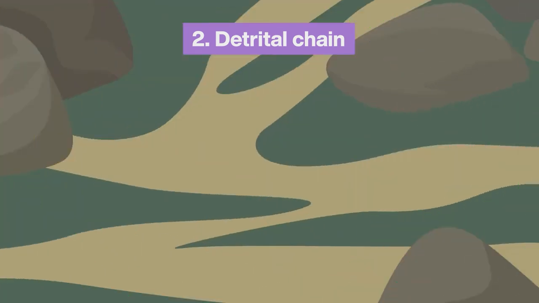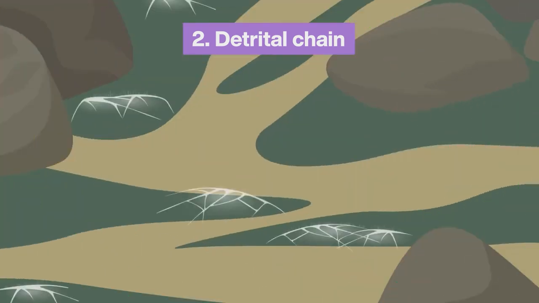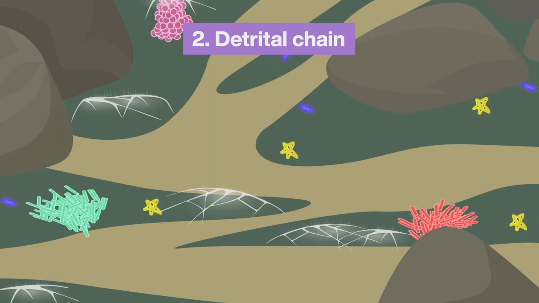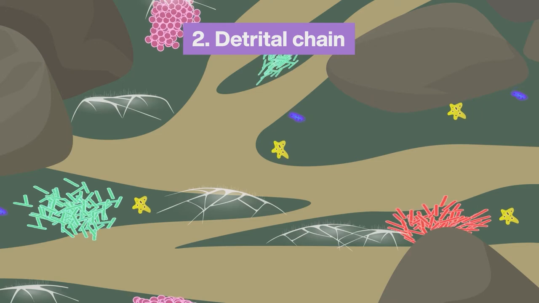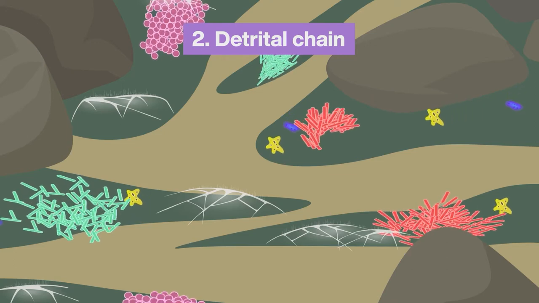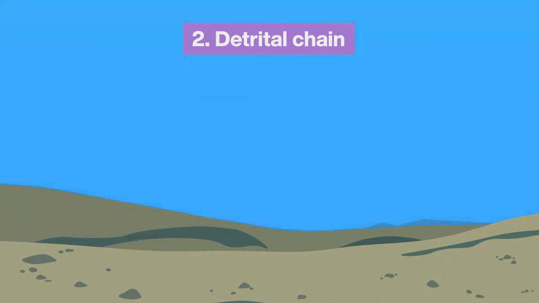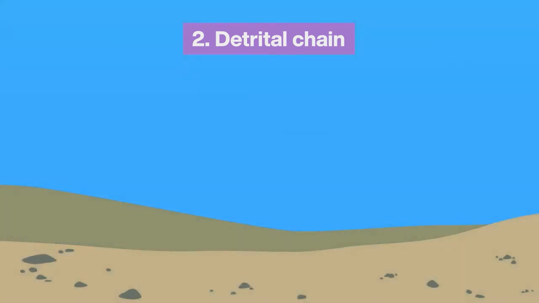Then, the leftover disintegrated biomass is eaten by fungi, protozoa, and bacteria. What's interesting is bacteria can form their specific bacterial trophic chain, which decomposes detritus completely. In contrast to a grazing chain, a detrital trophic chain is exhaustible, which means this chain breaks when all detritus is eaten up in a given water area.